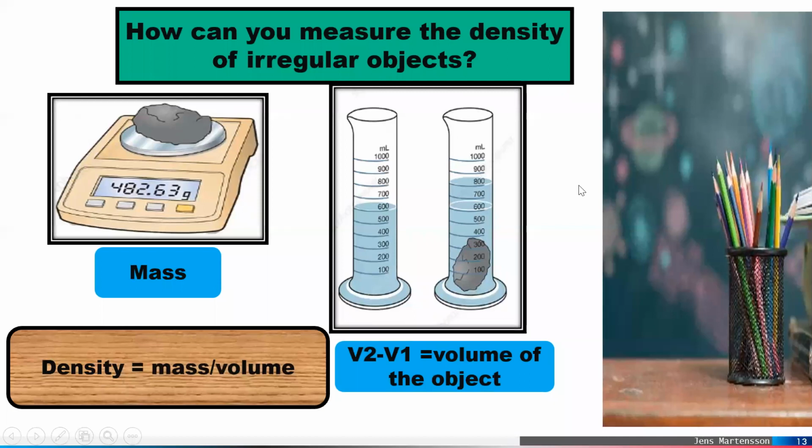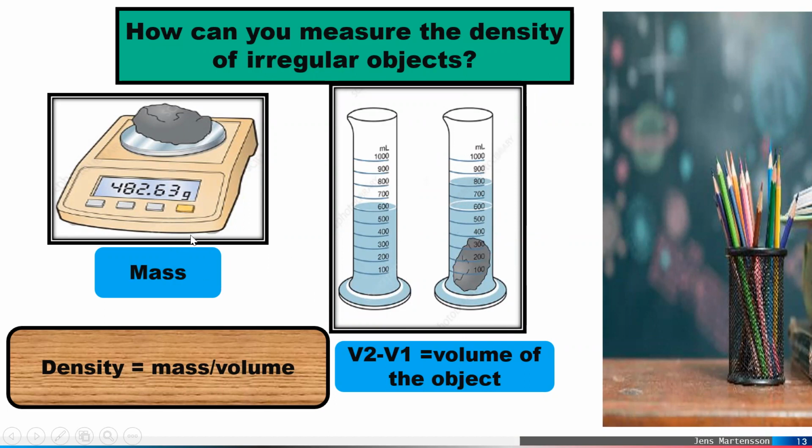But be careful, wait, how can we measure the density of irregular objects? We cannot use the ruler to measure its volume. If you have an irregular object, like a stone or a rock, you can measure the volume using a method called the displacement method. If you have a question in your exam to describe how you can measure the volume and the mass of the irregular object, it's simple.